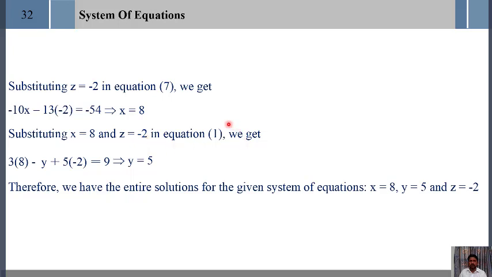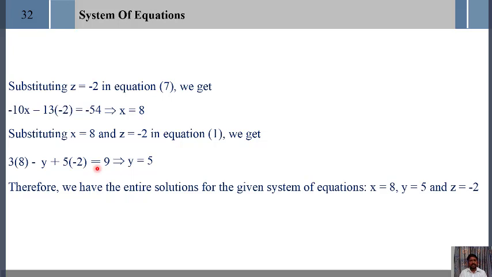Here I have substituted these two values in equation 1. Therefore 3 into 8 minus y plus 5 into minus 2 equal to 9, which implies y equal to 5. Therefore we have the entire solution for the given system of equations involving three variables: x equal to 8, y equal to 5 and z equal to minus 2.